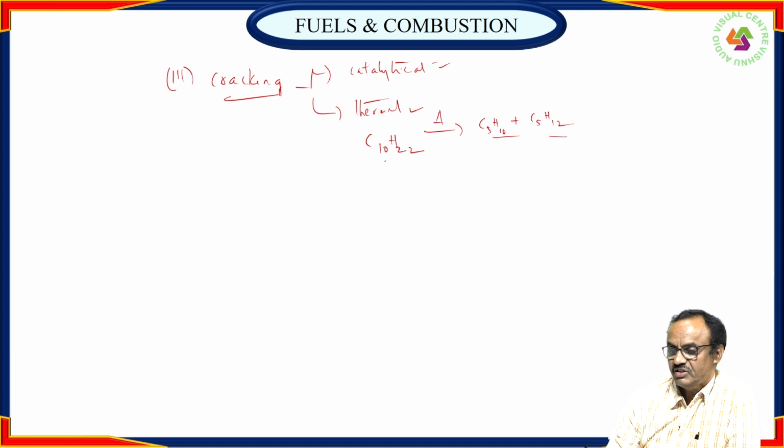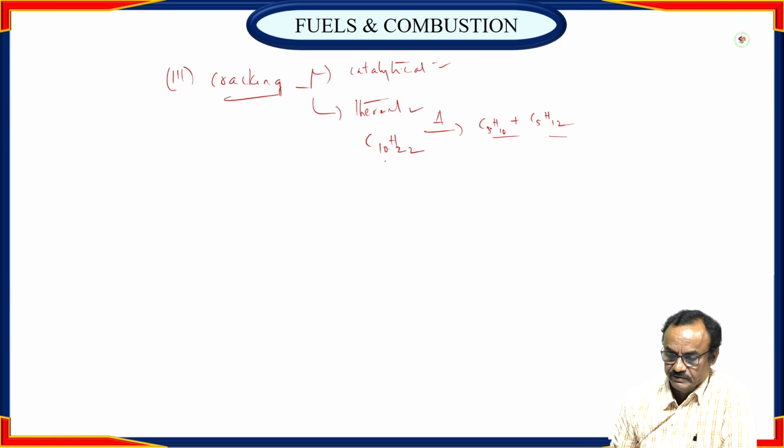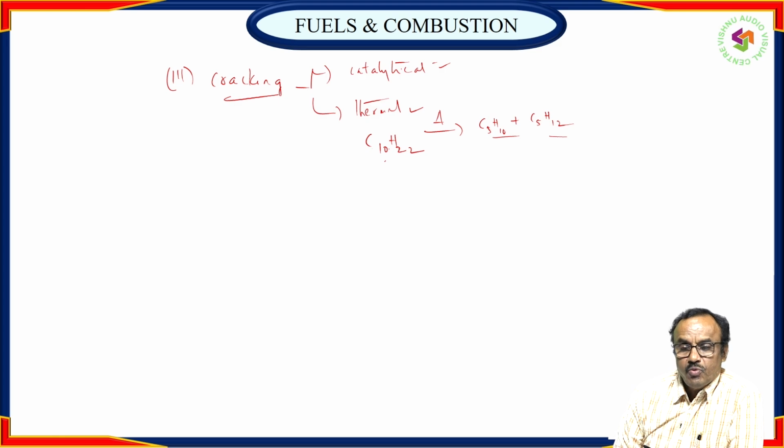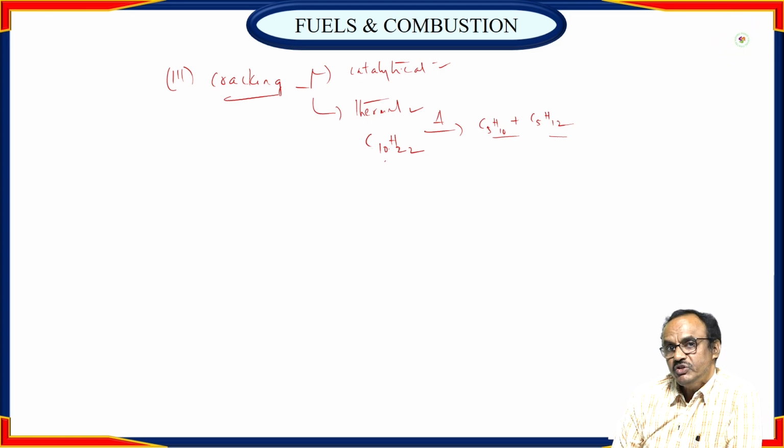The chain of 10 carbons breaks into two smaller fractions with chains of 5 carbons only. In the syllabus you have moving bed catalytic cracking, an advanced method.